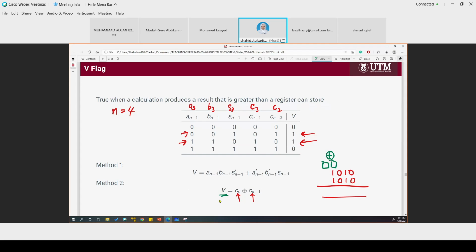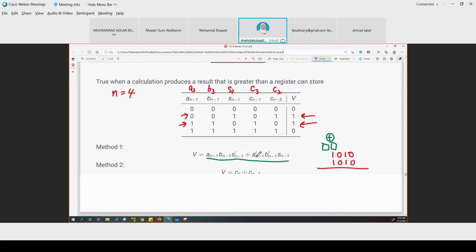If you have these parameters, you can find it using this formula. If you know these parameters, you can use this formula.